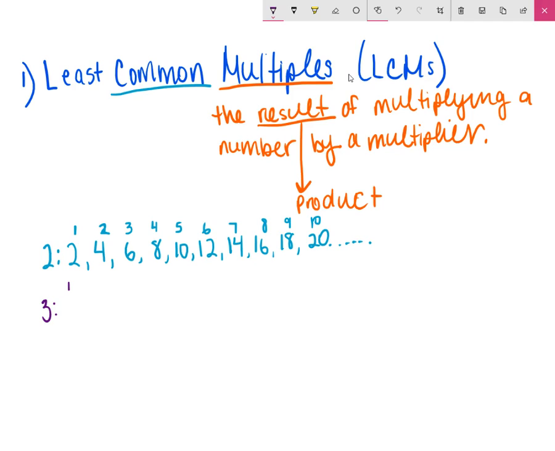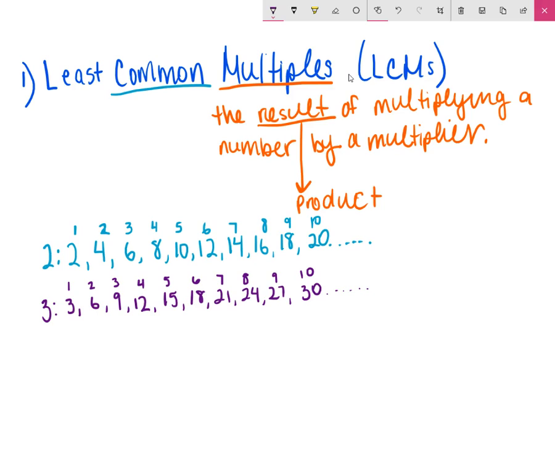Starting with 1, we're going to start finding our multiples of 3. 3 times 1 is 3. 3 times 2 is 6. 3 times 3 is 9. 3 times 4 is 12. 3 times 5 is 15. 3 times 6 is 18. 3 times 7 is 21. 3 times 8 is 24. 3 times 9 is 27. 3 times 10 is 30.